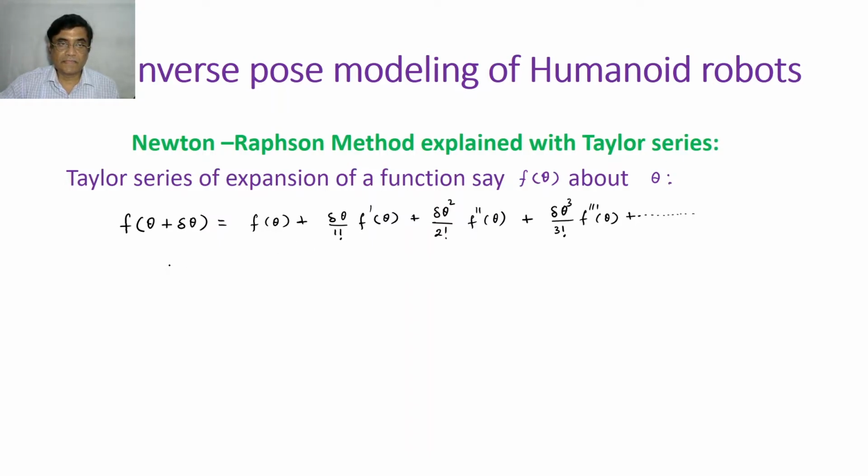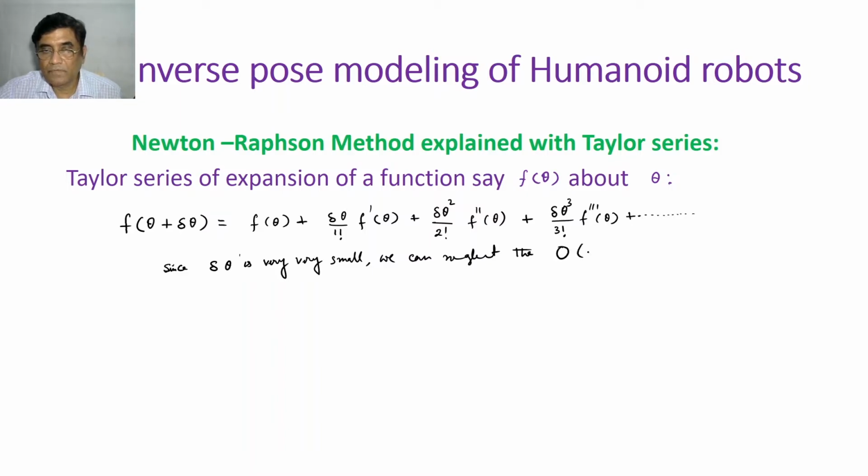Now since, in our case, delta theta is very small, very small, we can neglect the higher order terms, say delta theta square, all the higher order terms from here onwards, we can neglect.